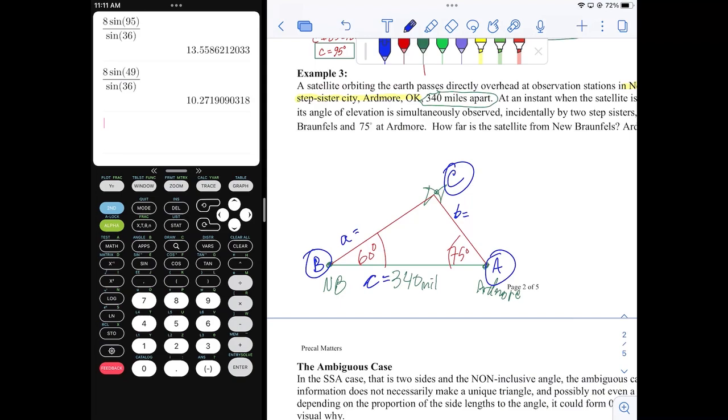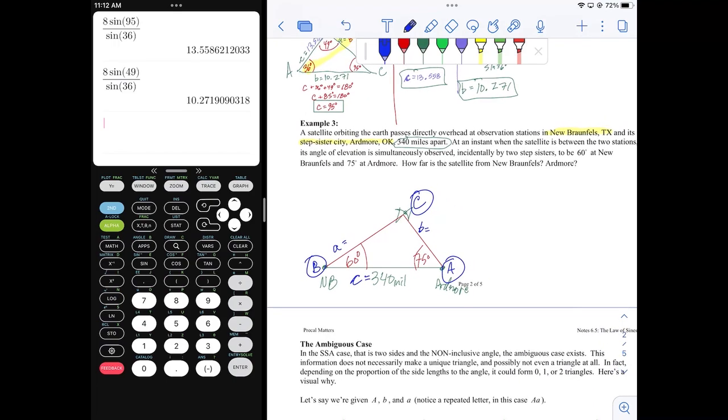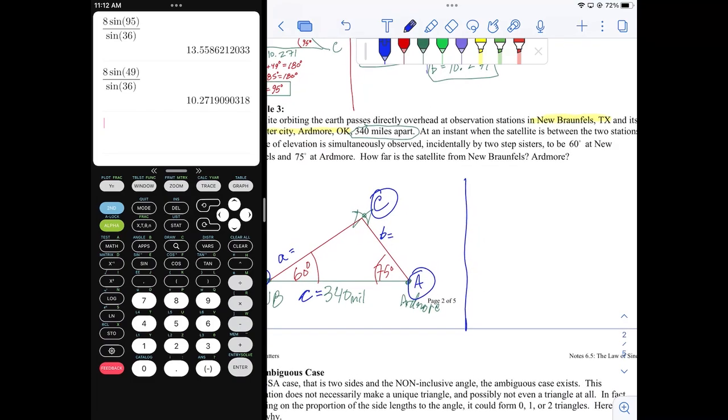The only thing that matters again is the lowercase letters have to be opposite the uppercase letters. You could label A, B, C in any order the first time, but then opposite the sides go the angles, and opposite the angles go the sides. That's the important part. All right, the easiest thing to find again is the angle, so let's do that.